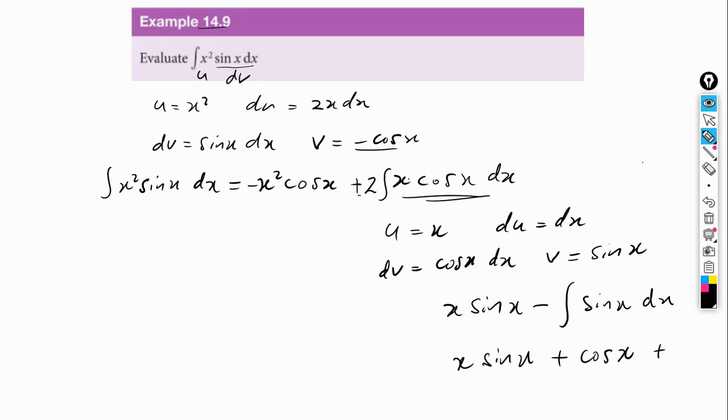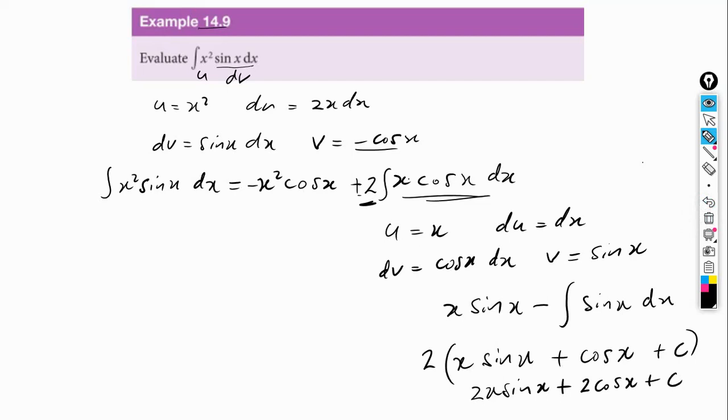One thing we mustn't forget is that we have a 2 in front of the original integral, so we have to multiply everything by 2, and this is going to give us 2x sine of x plus 2 cosine of x plus 2c. But 2c is just a constant, so we can just write it as c. Okay, and we have the solution now for the whole problem.